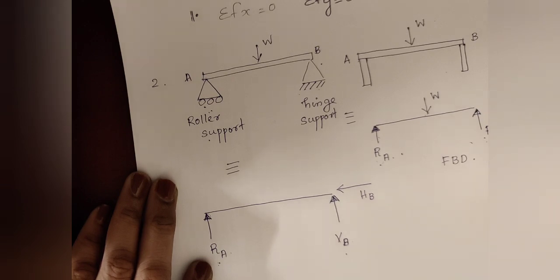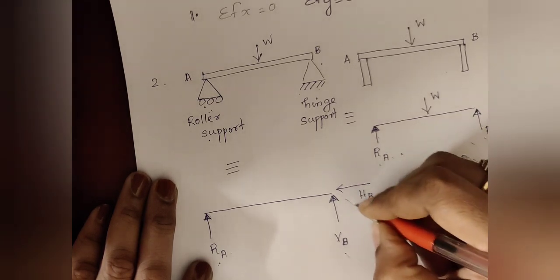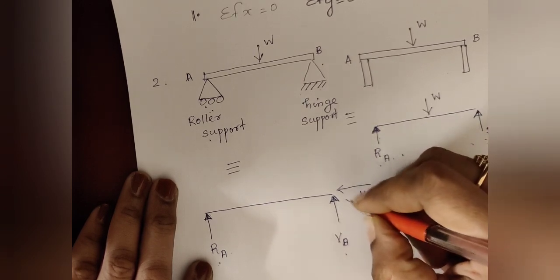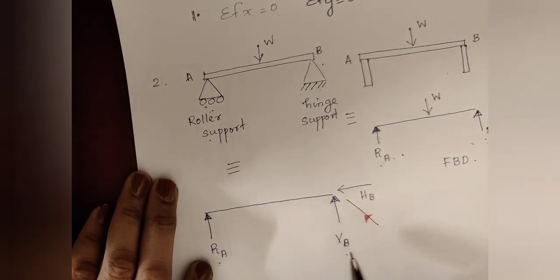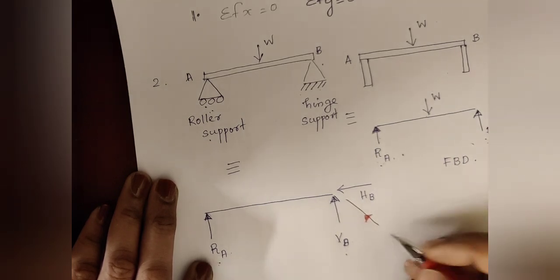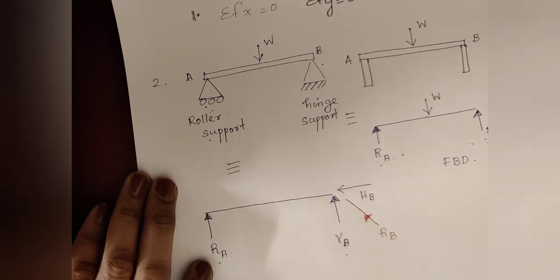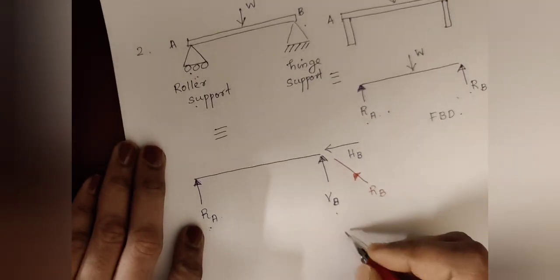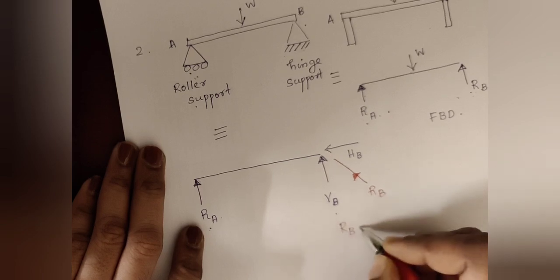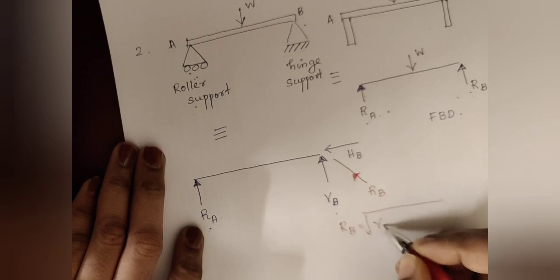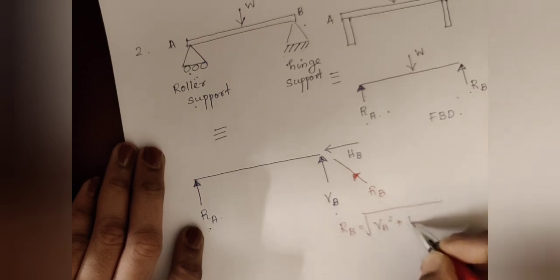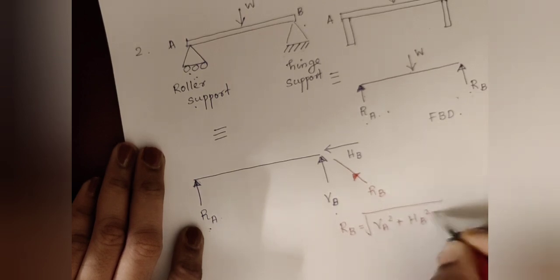Now the resultant of these reactions you have to calculate. After calculating the reactions RA, VB and HB, you find RB. You can calculate RB using the equation you have studied in module 1: RB is equal to the square root of VB square plus HB square.